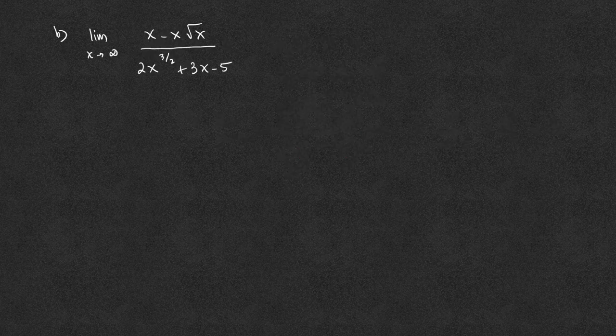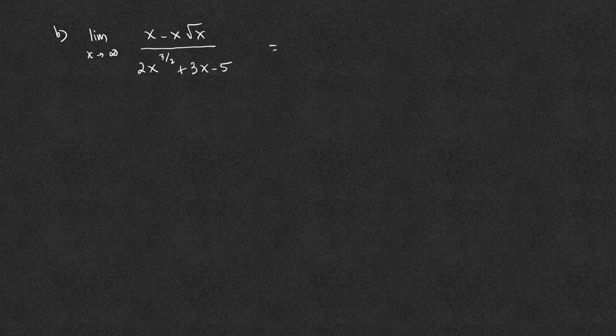The limit as x goes to infinity of (x minus x times square root of x), the whole quantity, over 2x to the power 3/2 plus 3x minus 5. Even though this is not a rational function, because the numerator is not a polynomial and the denominator is not a polynomial, we can still apply the same technique.